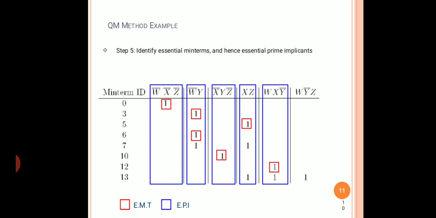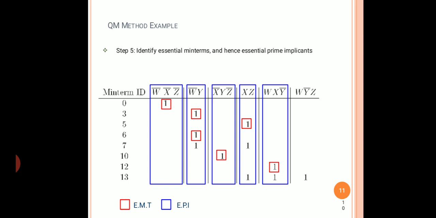Then in front of the 5, there is only one 1. Now observe the 7, 2 times 1 is there, so leave that. Observe 13, 3 times 1 is there, leave that. So we are drawing the red square or the red circle around the 1 which is there only one time in one row. Then observe vertically.